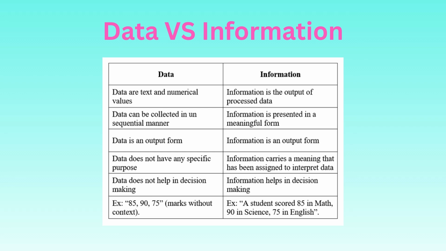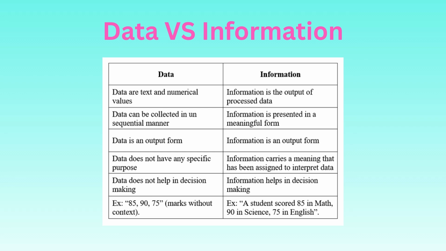Whereas in data, you can check 85, 90, 95 marks without the context. Randomly we can collect the data, whereas information is presented in a meaningful form. In the example, it is very meaningful and particular to each subject.